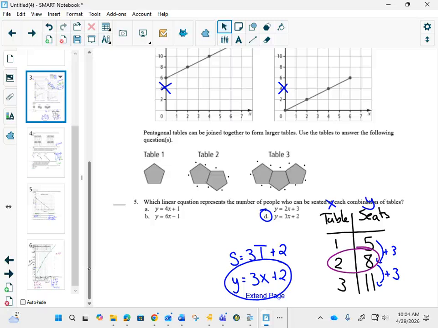And so because we were jumping by 3s, we said it's going to be 3 times this number. But when I do 3 times 3, I get 9. I'd have to add 2 to get 11. When I do 3 times 2, I get 6. I'd have to add 2 to get 8. So then I got my formula, 3t plus 2. But then I remember, okay, this is my x, this is my y. So it's going to be y equals 3x plus 2.